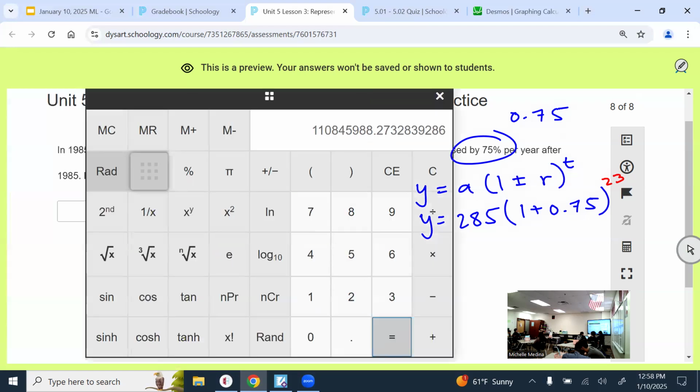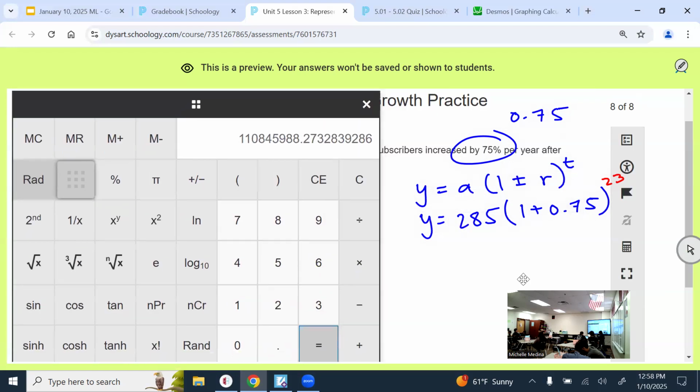Now, can I have a decimal of a person? No. We're not going to, because you can't have a decimal of a person.